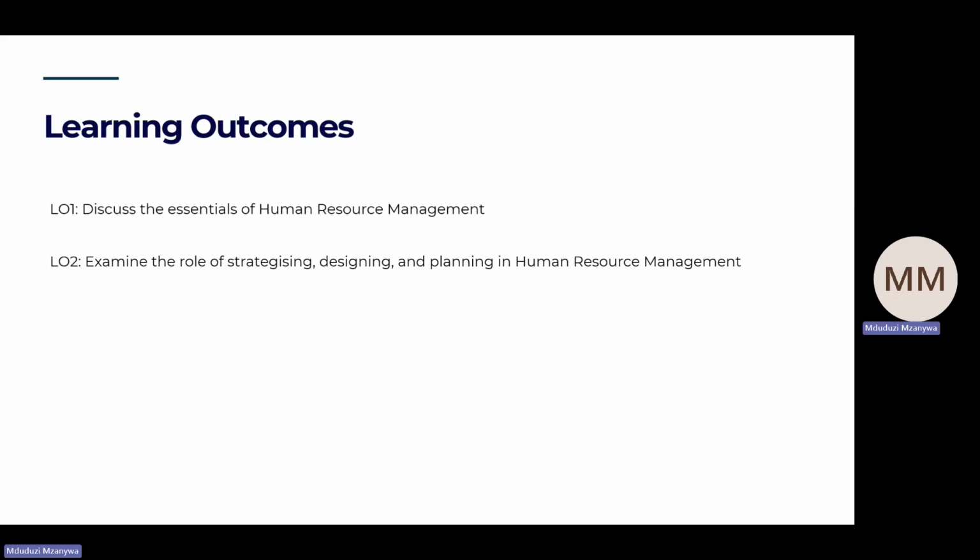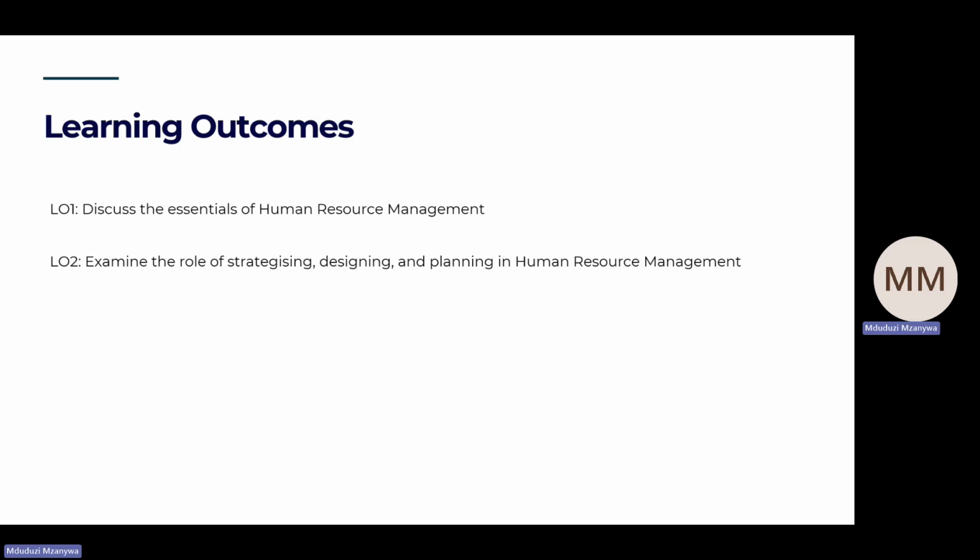We have learning outcome 1, which is to discuss the essentials of human resources management, where we talk about the definitions and functions. And then we look at the second learning outcome, which is examining the role of strategizing, designing, and planning in HRM, or human resources management.